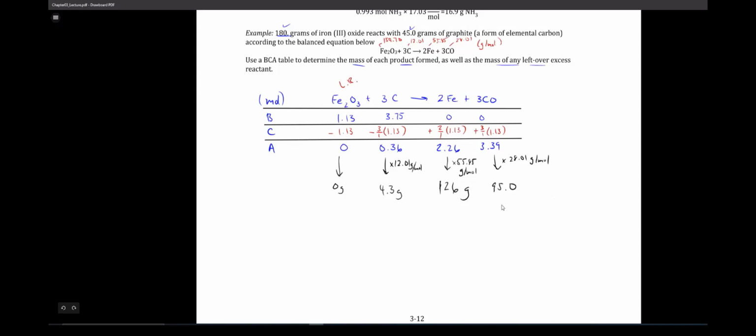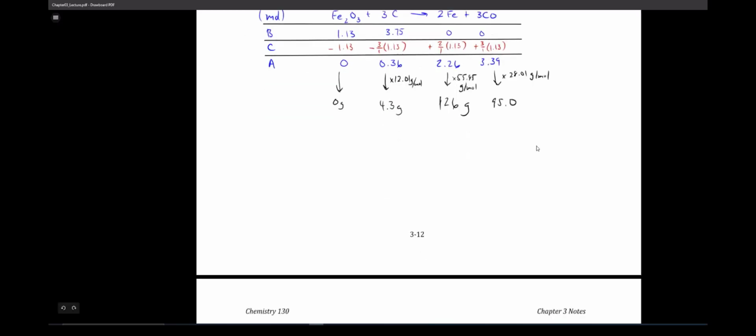So it's another nice tactic. The other nice thing is in the real world, what if you're running this reaction over and over, day after day? You don't want to be doing this by hand every single time. You put this in a computer, you just type in the new numbers, boom, you have the answers. Easy. It's a nice technique to use.